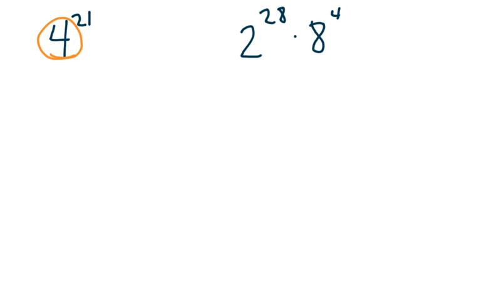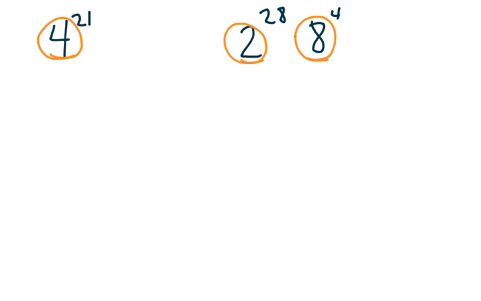And let's do one more. 4 to the 21st power compared to 2 to the 28th power times 8 to the 4th power. So, compare the bases, 4, 2, and 8.